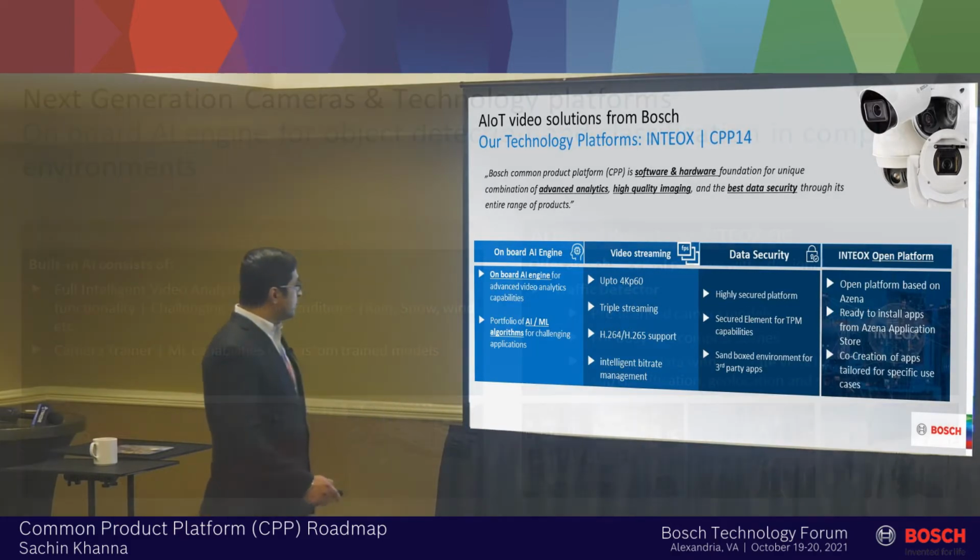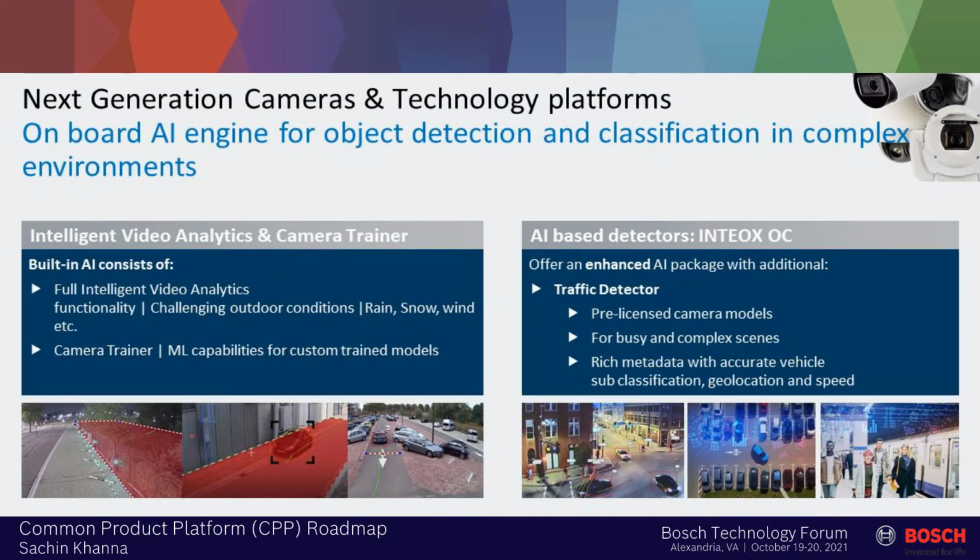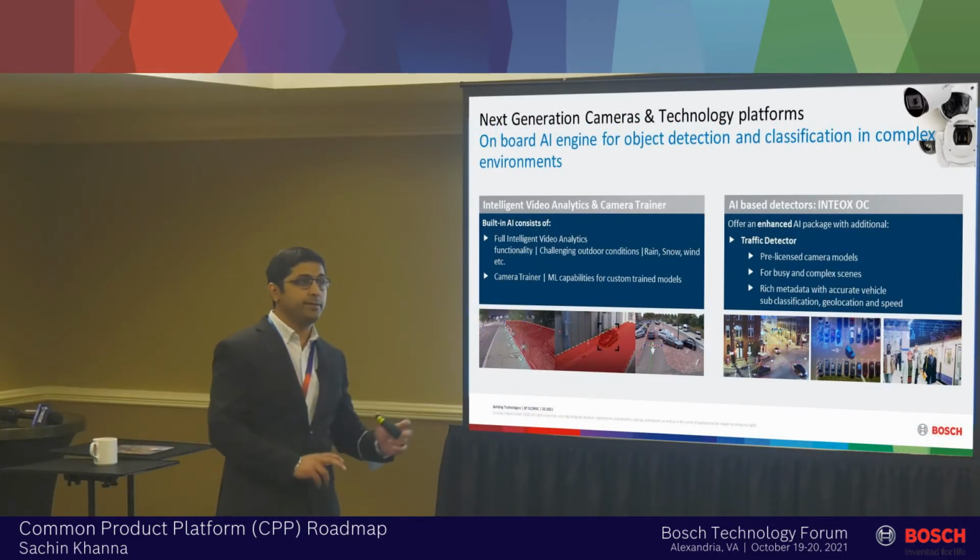Let's talk a little bit more about our AI stuff. As a standard, all our cameras come with two levels of video analytics built into them. One we call IVA. IVA is our suite of algorithms which is very tuned and designed for outdoor perimeter surveillance.